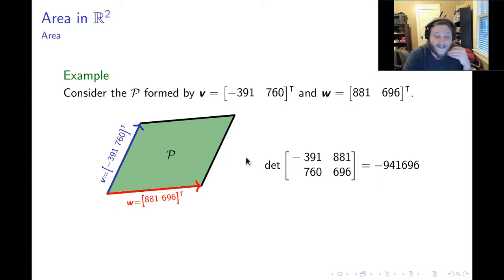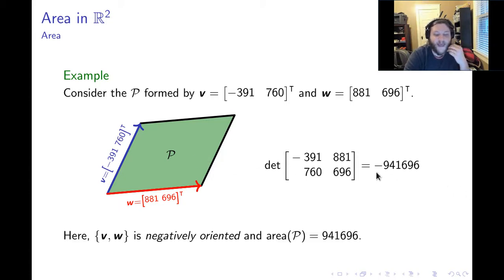Moreover, what is the area of this parallelogram? Well, the area of the parallelogram would be the absolute value of this determinant, which would be 941,696. So in 2 dimensions, we can use determinants to establish orientation, and we can use determinants to calculate the area of a parallelogram.